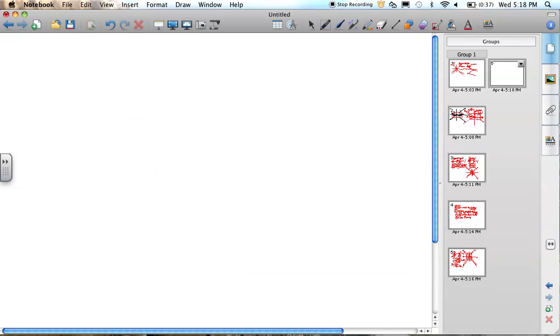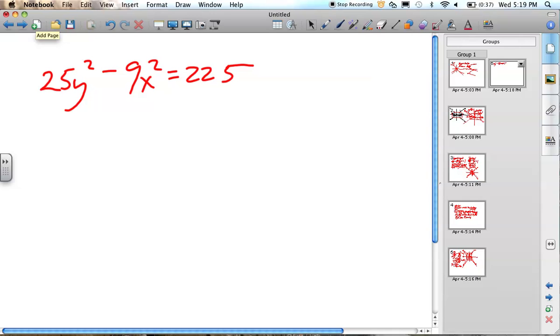The next example, the equation is going to look a little funny. Okay, now I can tell this is a hyperbola because of this minus. I can also tell that it's going to be vertical because that's my positive.